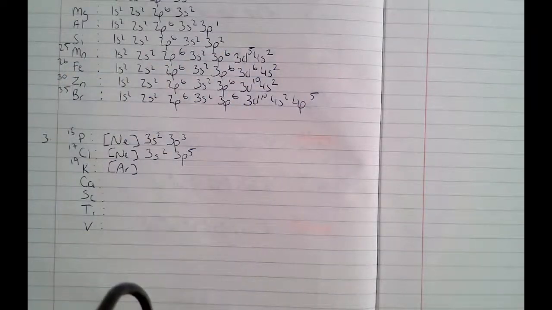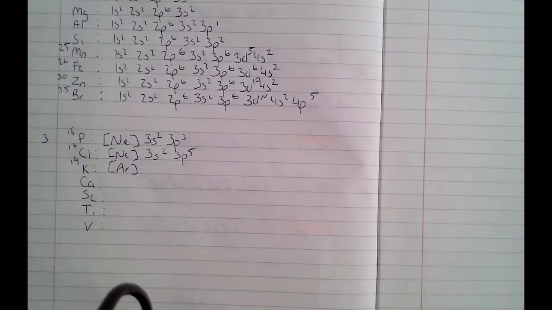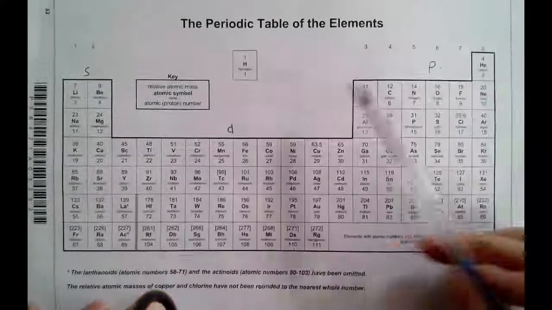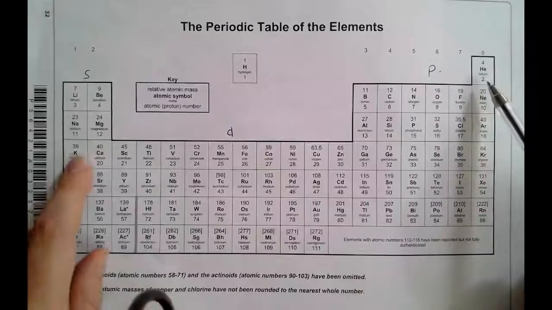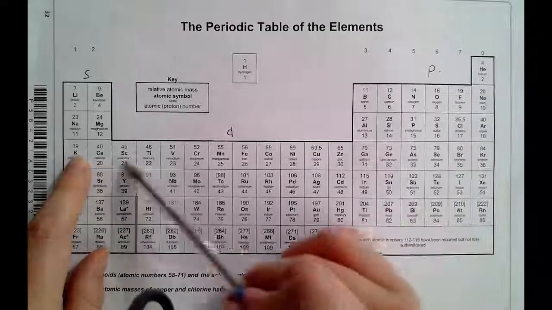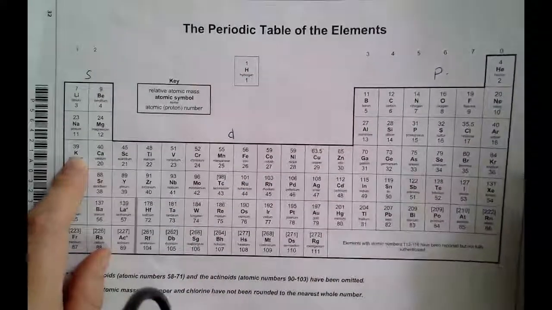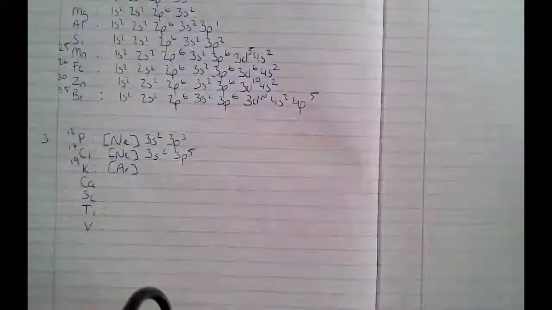Potassium's only got 19 electrons, 18 are represented by argon, so I've only got 1 more electron to go. In order to know where to put it, I look at my periodic table. Potassium is in period 4, 1, 2, 3, 4, so it's in period 4. So period 4 is going to start off the 4th energy level, and that's going to be your 4s.